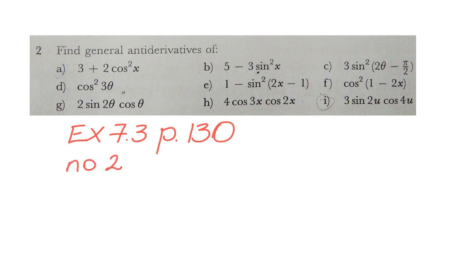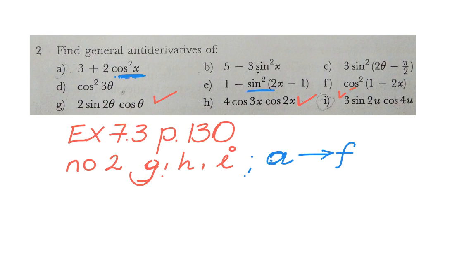But I want you to first do the last 3 problems, so G, H and I on this page, because G, H and I refer to the product sum tables, and then you have to do questions A to F that are from the previous video and involve the cos square function or sine square function. Please remember, like in question number C, when you've got pi over 2, you need to reduce that first.